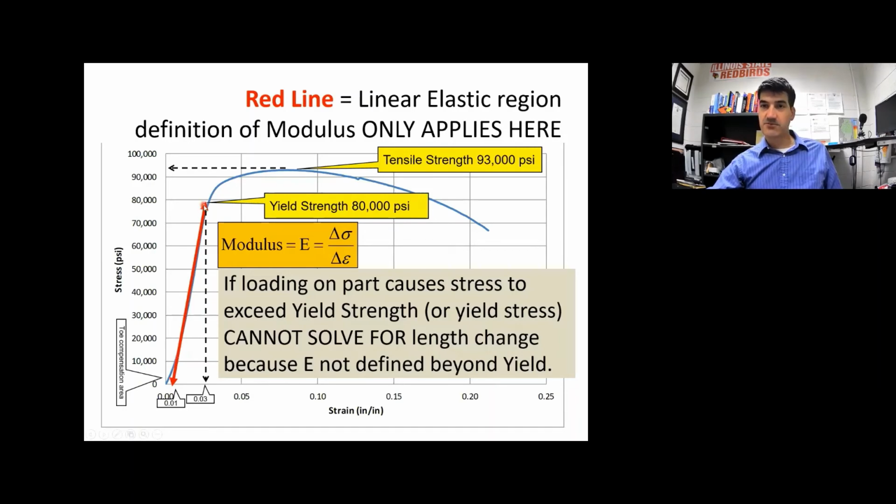So that's really important to know. The only region where the elastic modulus is valid, is defined, where you can use it, is below the yield stress in this region right here, okay? I need to stress that so that you don't try to use it for some stress value way up here.